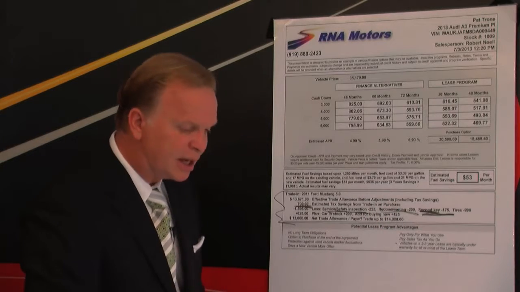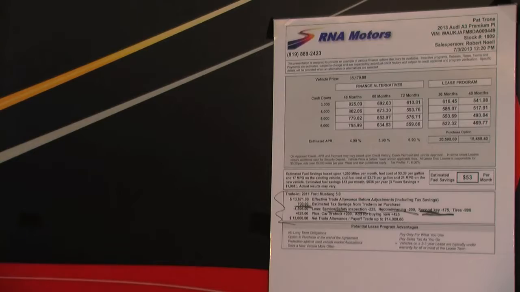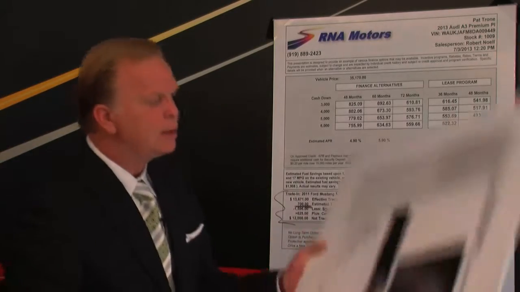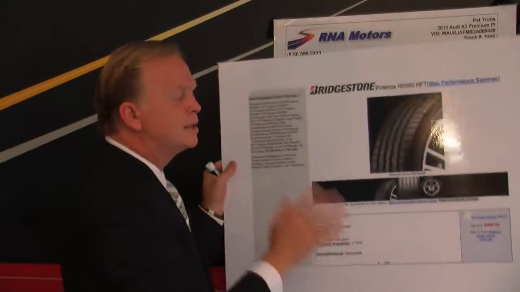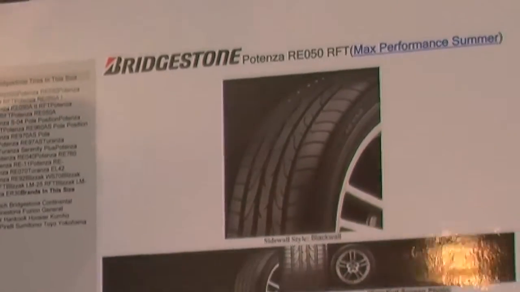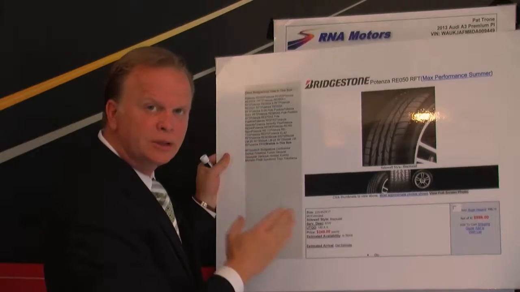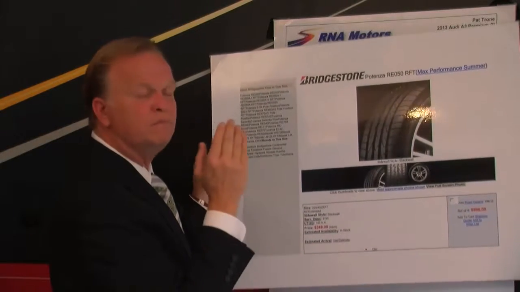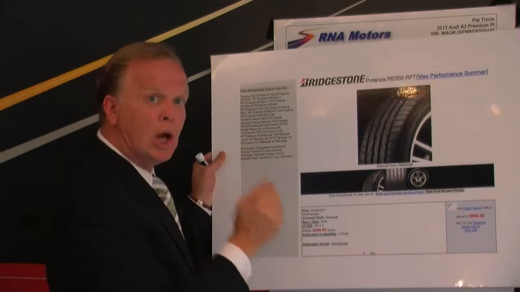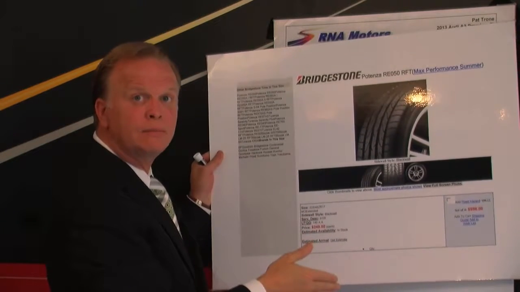Your car needs tires. Now guys, again, third-party information. This came from TireRack.com. This is the original equipment tire on this car from the nation's lowest tire seller on the internet.